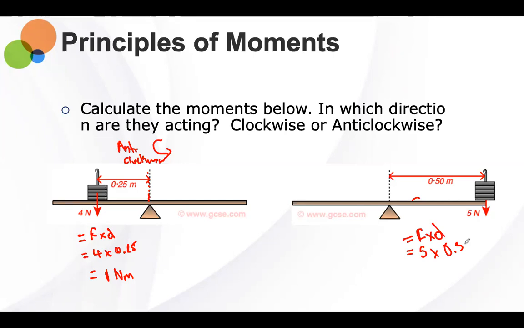Oh yes, you're correct. Sorry about that. So 2.5 newton meters, clockwise. Thank you so much. We should say anti-clockwise here, and we should say clockwise here.